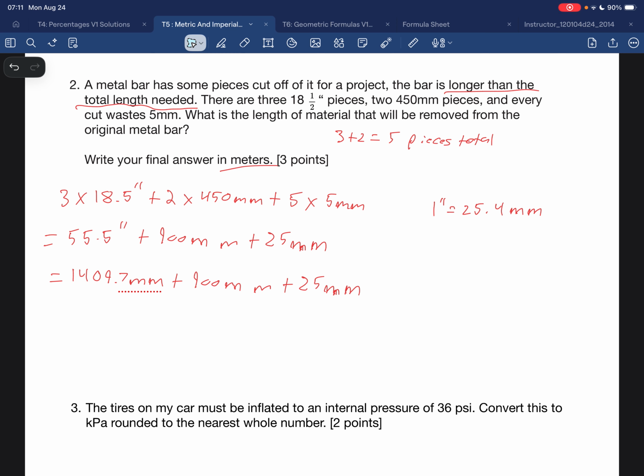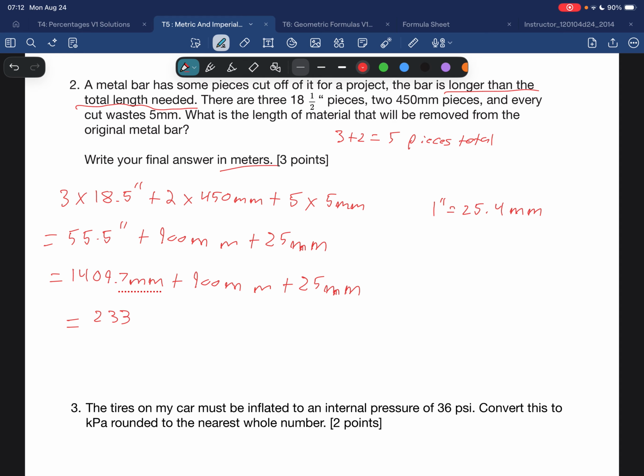And now let's add everything together. And I have a total of 2334.7. And again, this is in millimeters. Converting this to meters, I divide by 1,000 because there are 1,000 millimeters in a meter. This is 2.3347. And that will be meters. Our exact answer in meters there. Great.